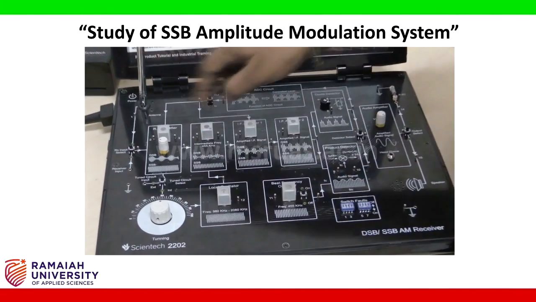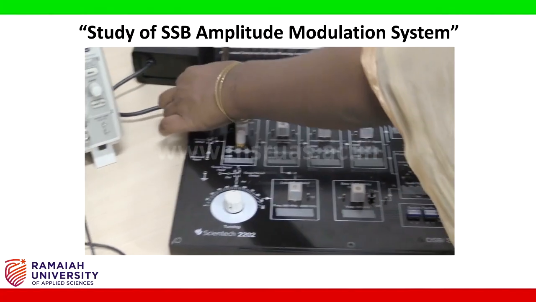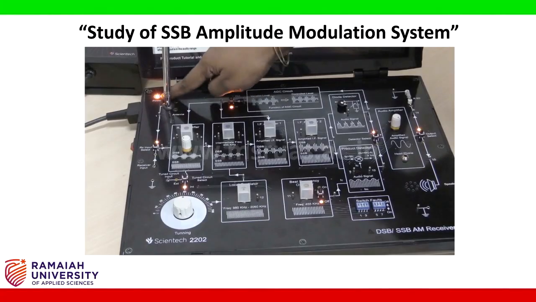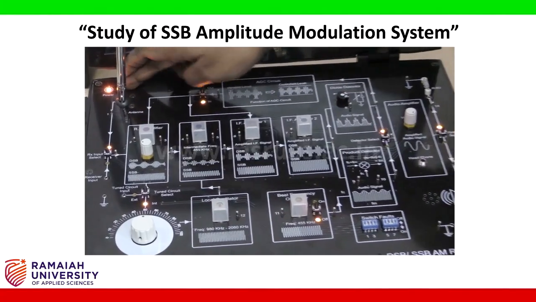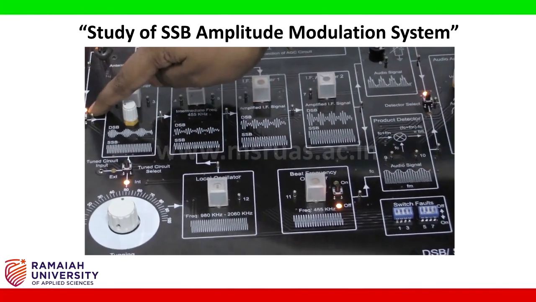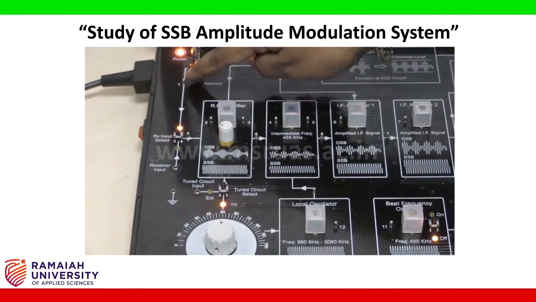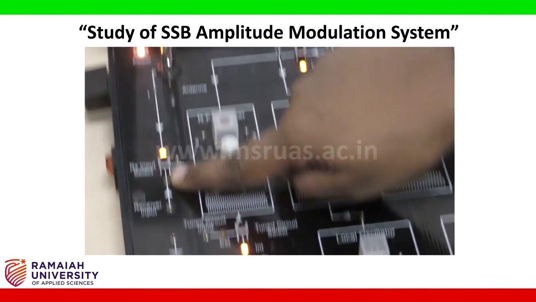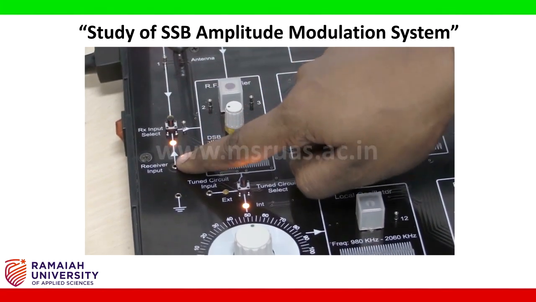First, power up this kit, switch on the power supply, and make sure this LED is glowing. See here there are two tracks, either antenna output or the receiver input can be selected. We will use the receiver input from here.